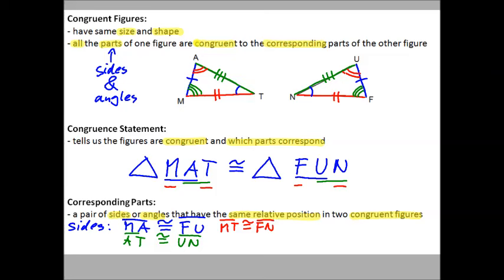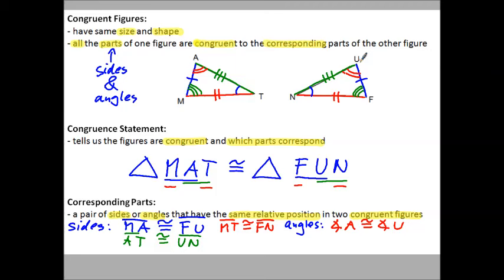Let's look at our angles. Angle A, and that's the one here on the top, is congruent to angle U. You can see that either from the two pictures, or you can see it from the position that those angles have in the name of the triangle in our congruence statement.